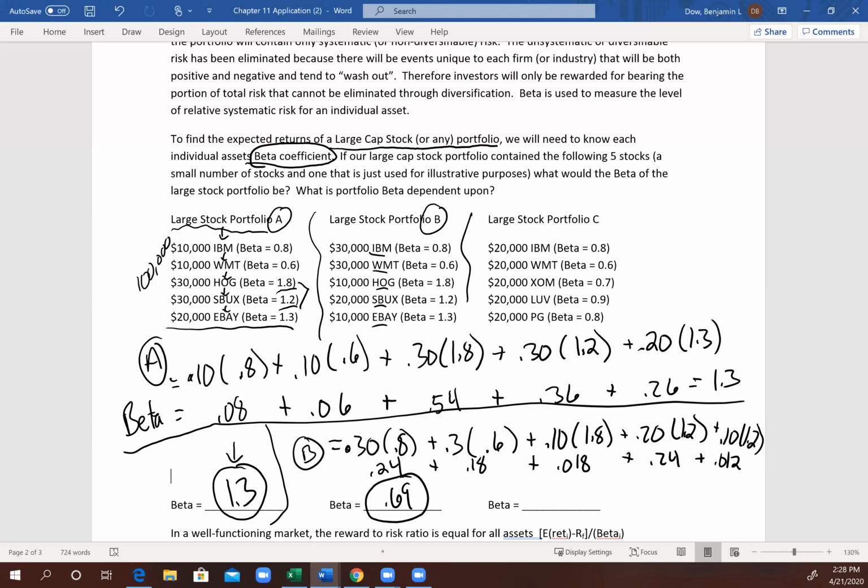So if you were to do C, you get something like 0.76. Okay. Oops, I made a mistake here.